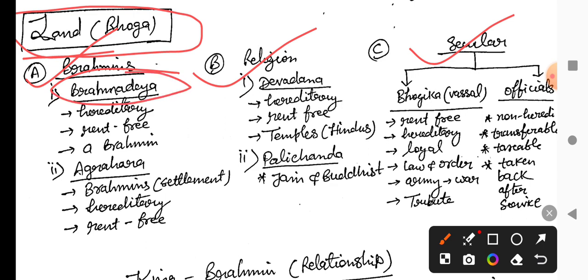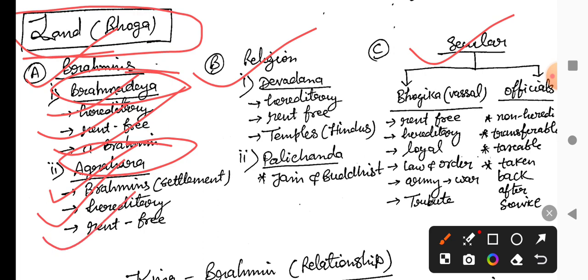And Brahmadeya is hereditary. This land was hereditary, rent free, no rent for Brahmins, and it was controlled by Brahmins only. And another Brahmin land grant is Agrahar. Agrahar means it was controlled only by Brahmins who settled in these territories, okay. And this was also hereditary land, and also rent free.